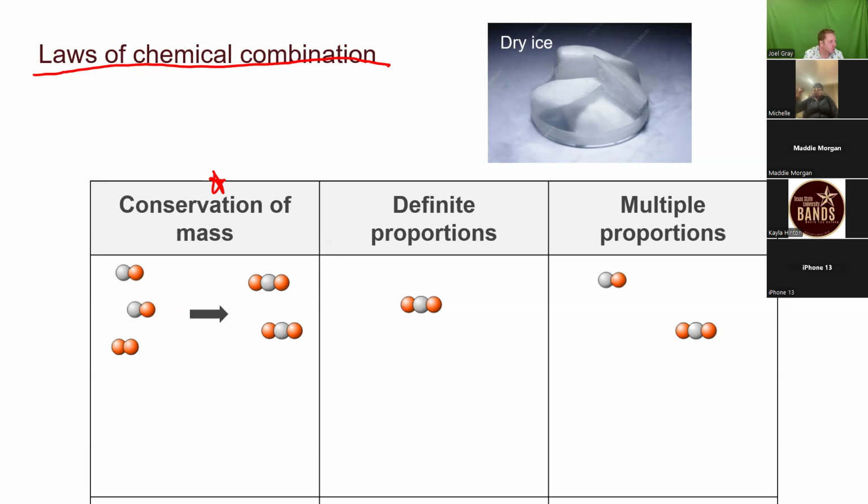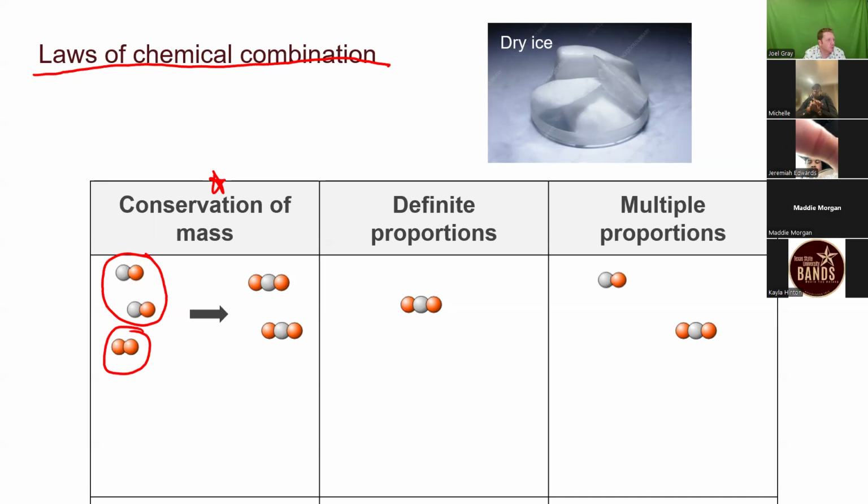So I'll label this as, these are both molecules of a compound that react with this other molecule of a different compound. What happens is all of those atoms that make up those two compounds basically just get thrown into a blender and a chemical reaction takes place. And we end up with this right here.